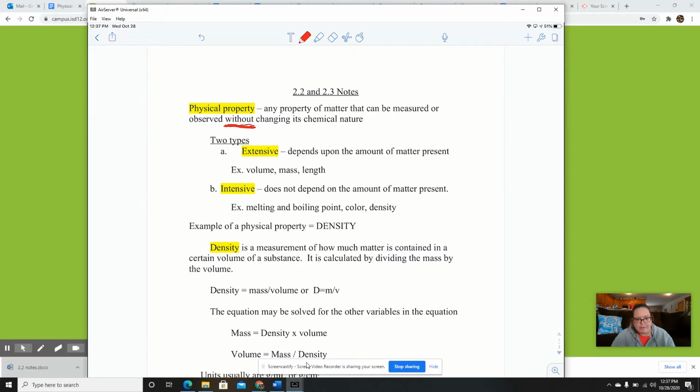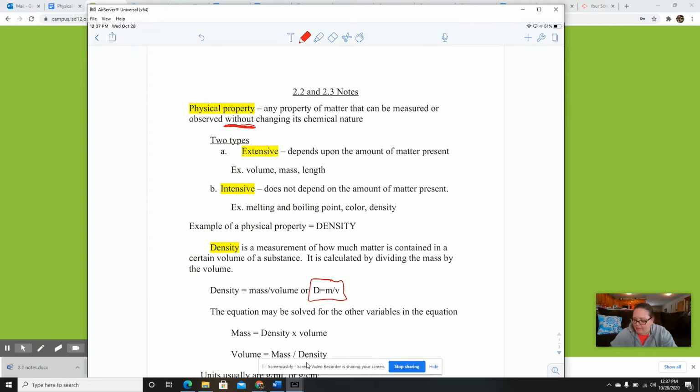Example of a physical property is density. I'm not changing anything about density. So density is a measurement of how much matter is contained in a certain volume. It is calculated by dividing the mass by the volume. And then here is the lovely density formula, which is mass divided by volume.